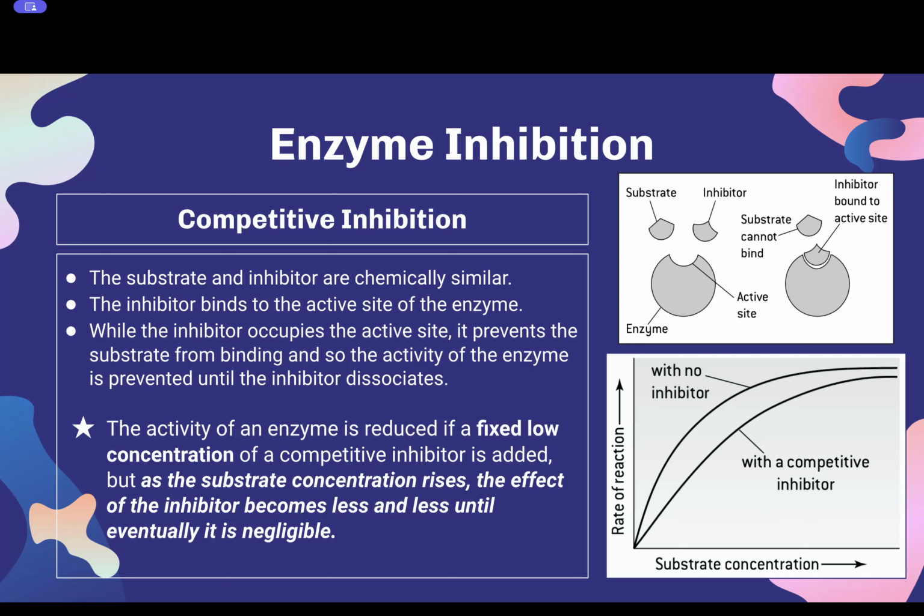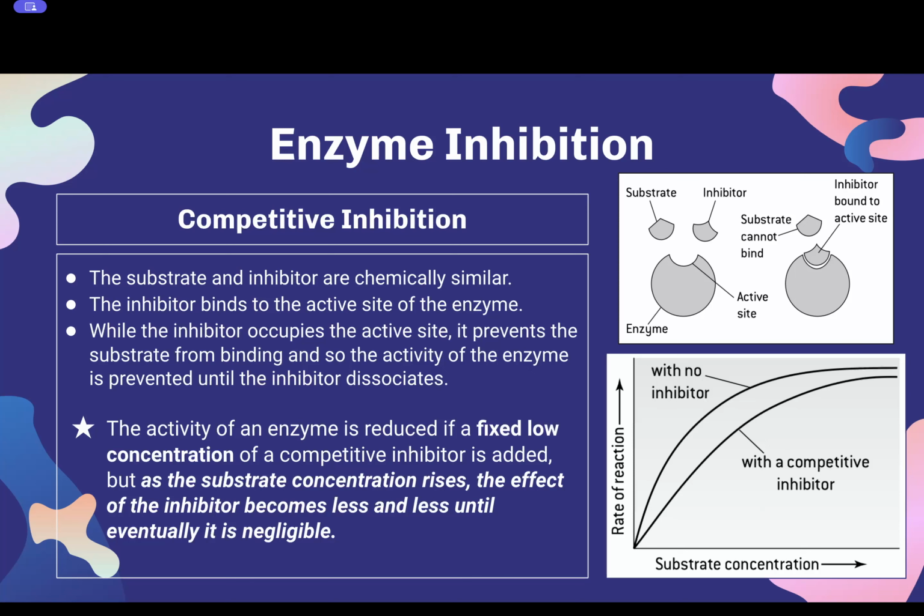So what happens is that the inhibitor binds to the active site of the enzyme, and while it occupies the active site, it prevents the substrate from binding, and therefore the activity of the enzyme is prevented until the inhibitor dissociates, because eventually it will dissociate.